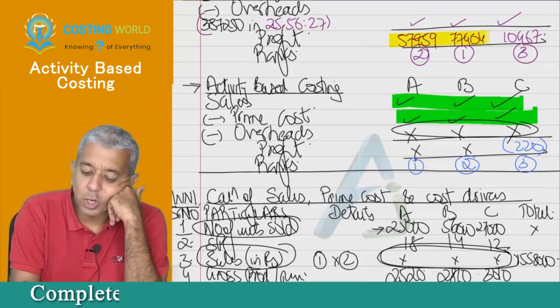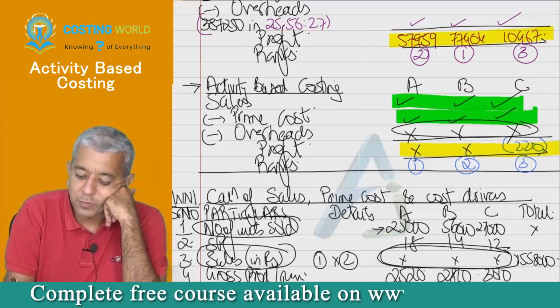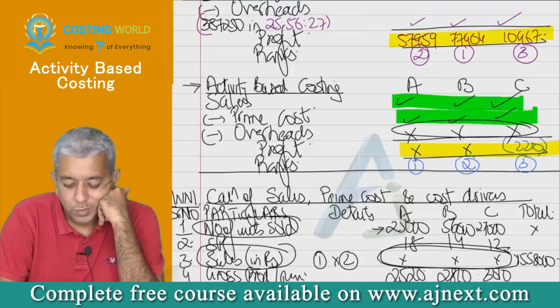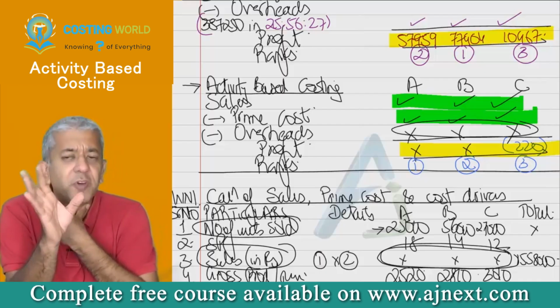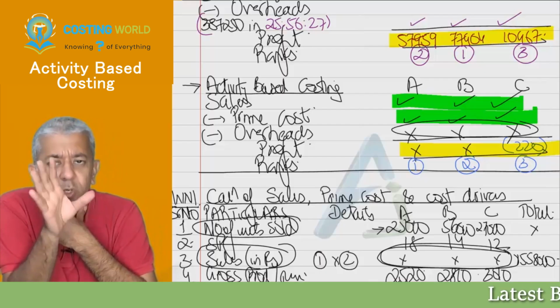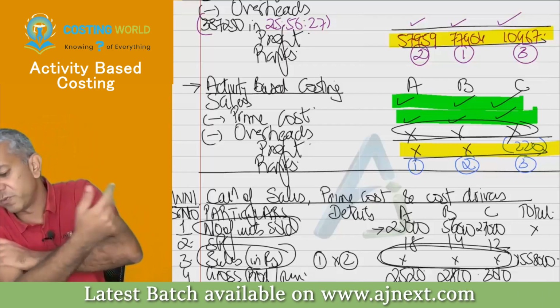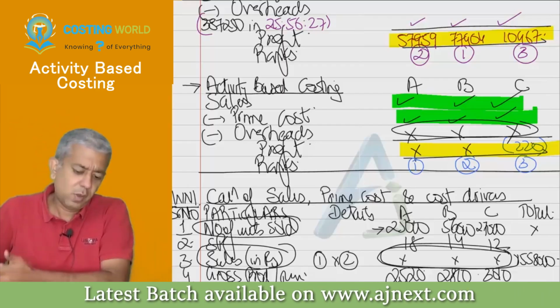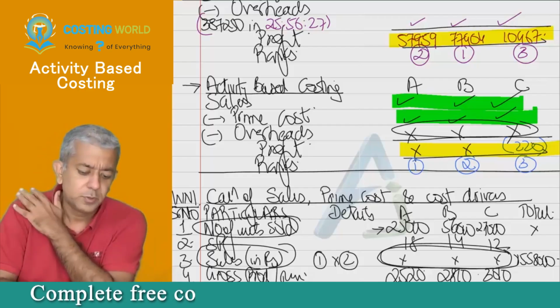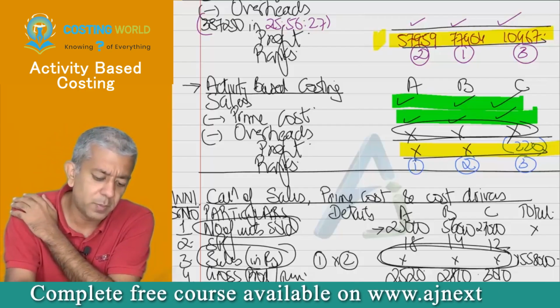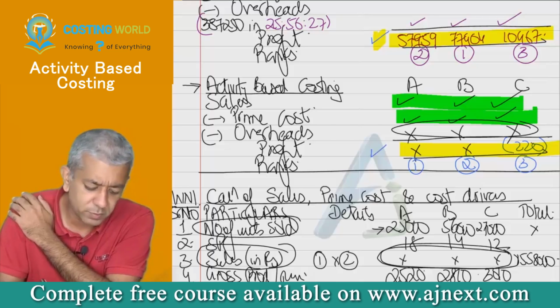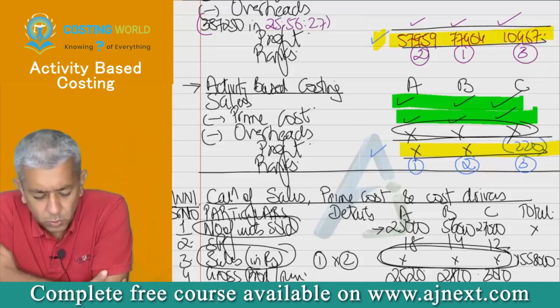Can you say total of these 3 should be matching with the total of these 3, no? Only the bifurcation of the overheads has changed, no? The total should always be matching, no? Yes, sir. You all can check if you want for your reference. Total of all the profits should remain the same only. Obviously your bifurcation will be changing for sure, but the total should be that only.